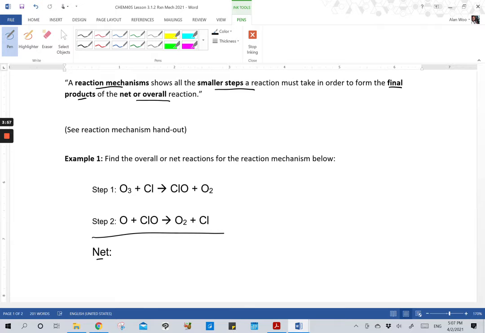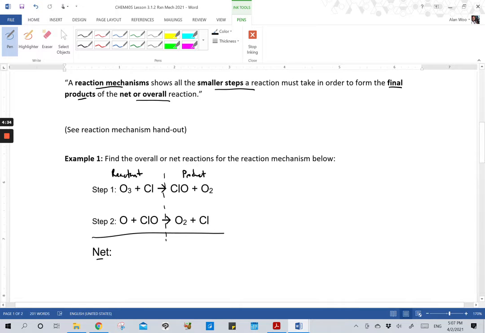Now, how we go about this is we have to look at where the arrows are. The arrows separate your reactants from the products. So reactant side, product side. If you look at the reaction carefully, between step 1 and step 2, we have chemicals that are identical to each other, but they might appear on different sides of the reaction.